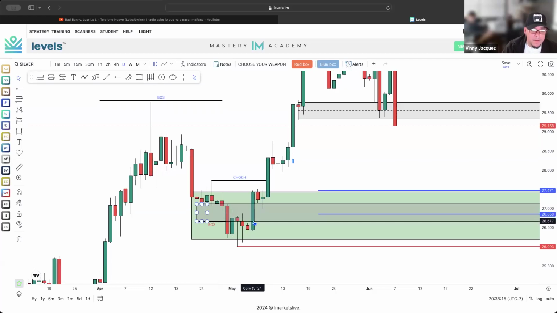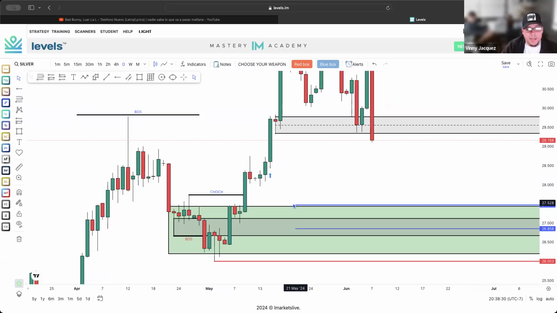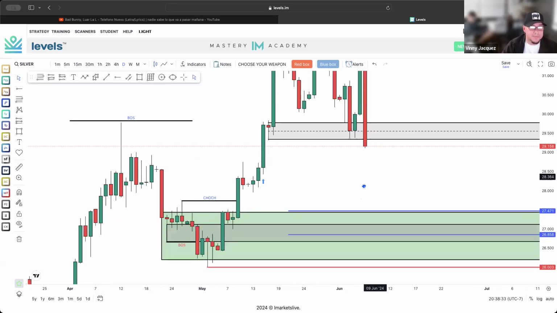For all the people that love imbalances, boom, right here. It's crazy how everything lines up in one. We have a starting point, an inverted, and an imbalance right in this area. Not to mention, that's where the 7.9 and the 886 lay, right there, guys.